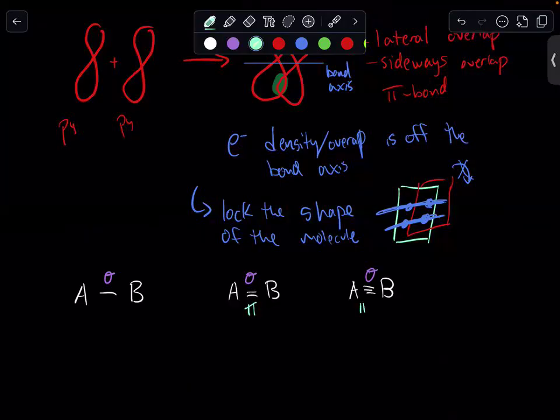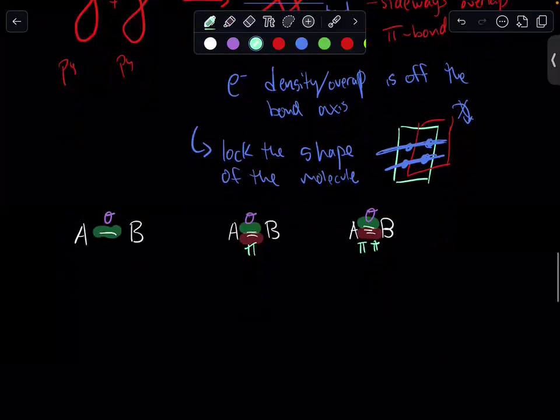But our other bonds are going to be pi bonds. So our sigma will always be that first bond, with our pi bonds being the other one or two bonds.